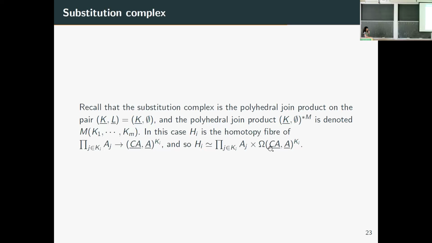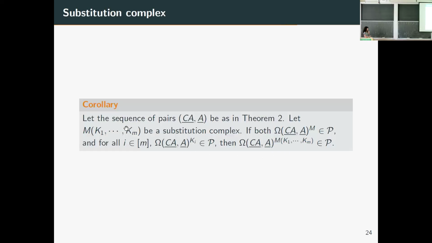And given conditions on this that guarantee that it belongs to P, and given that we've assumed that suspensions of all of our A_j's belong to W, you can see that after suspending, this will always be in W. So for the substitution complex, we no longer have to worry about whether our h_i's or the suspensions of our h_i's are still wedges of spheres, because we will always get under these conditions that they are wedges of spheres. So we only need to worry about loops on the polyhedral product on M being in P and loops on the polyhedral product on K_i being in P.